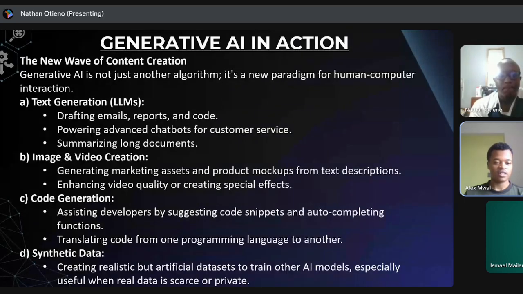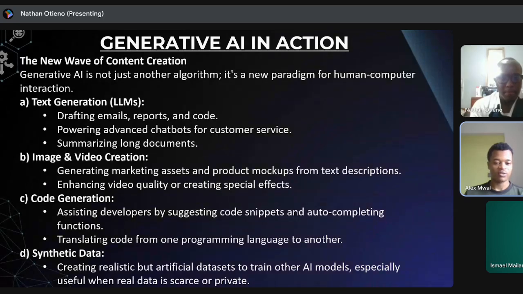The second one, image and video creation: generating marketing assets and product mockups from text descriptions, and enhancing video quality or creating special effects.